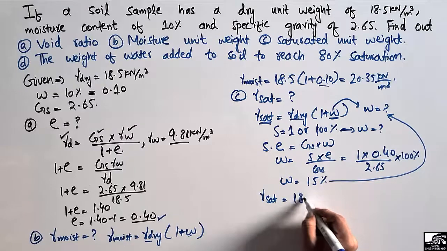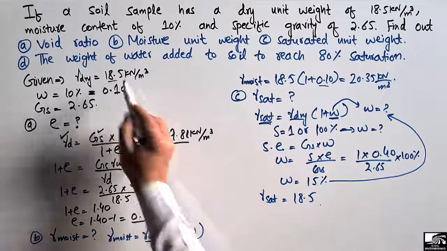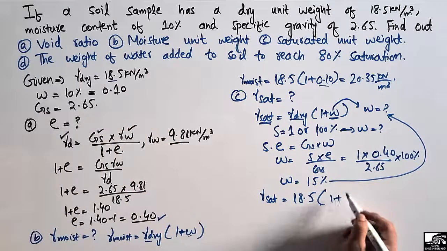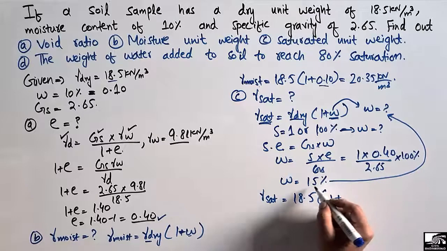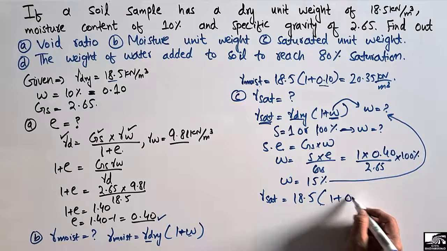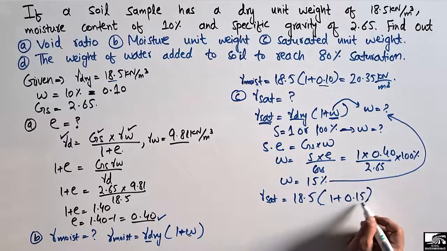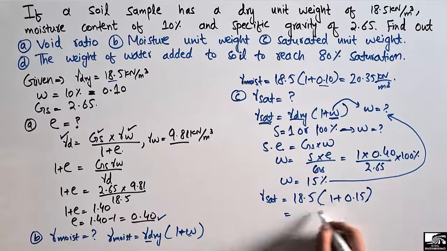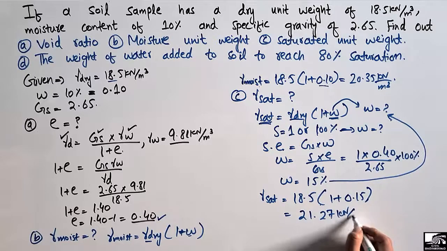Gamma dry is 18.5, it is known to us. 1 plus w, which is 15%, means 0.15, because I used it here in decimal. By multiplying these values, I got 21.27 kilonewton per cubic meter. So this is the way how to find out the gamma saturated.